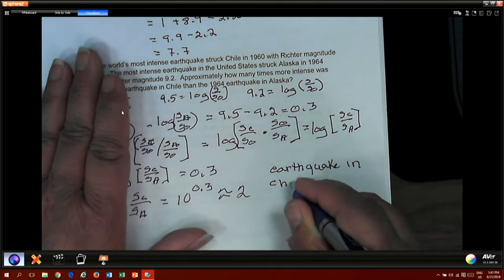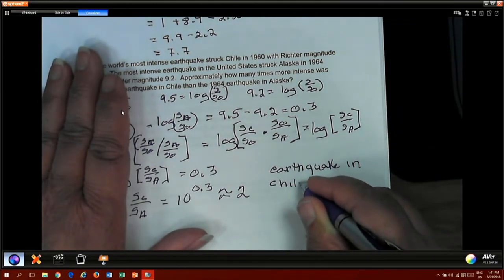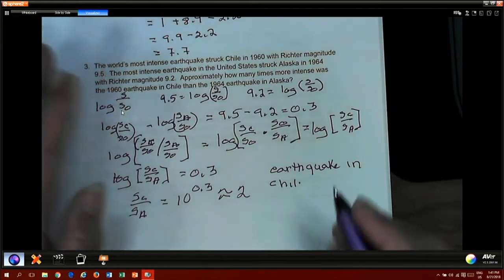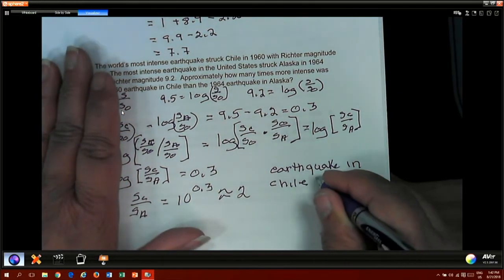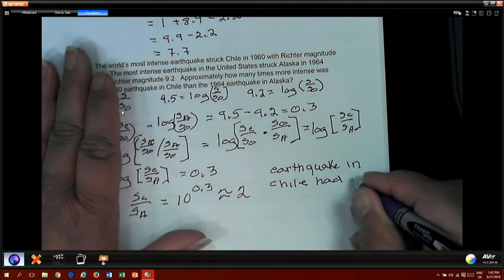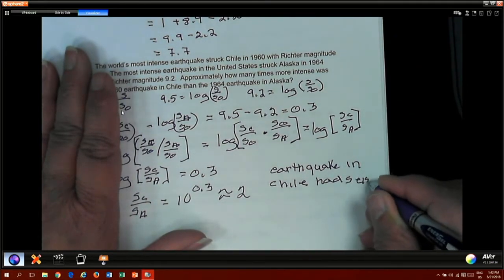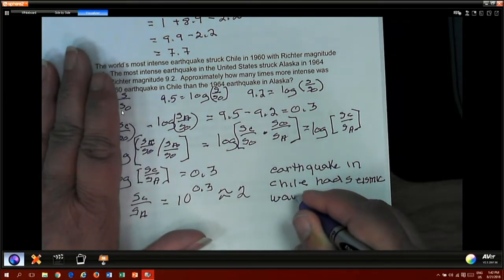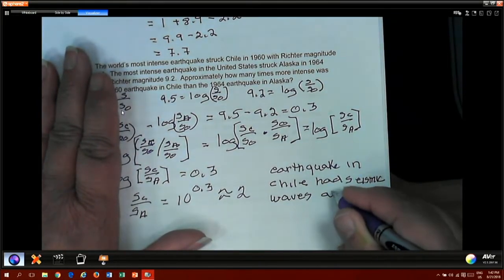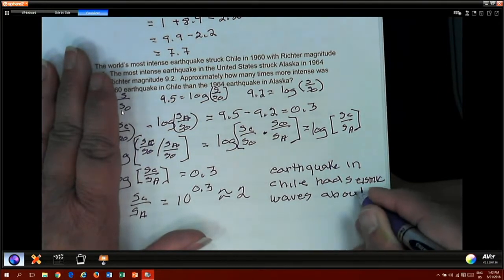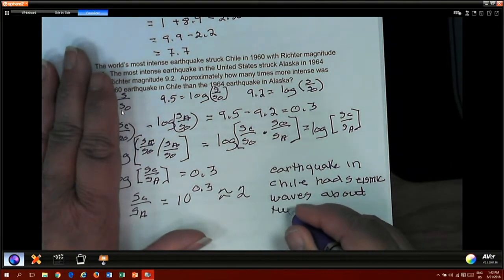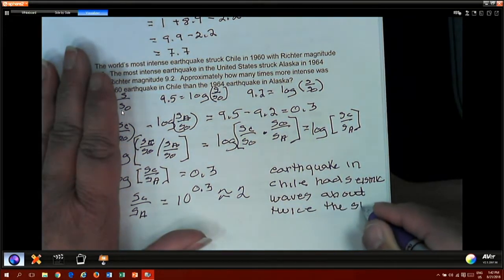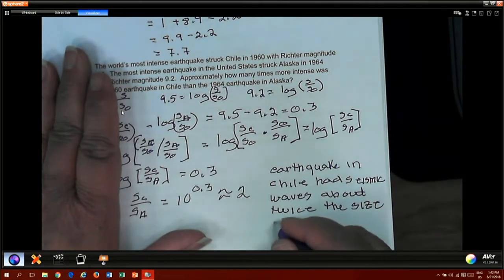So the earthquake in Chile had seismic waves about twice the size as in Alaska.